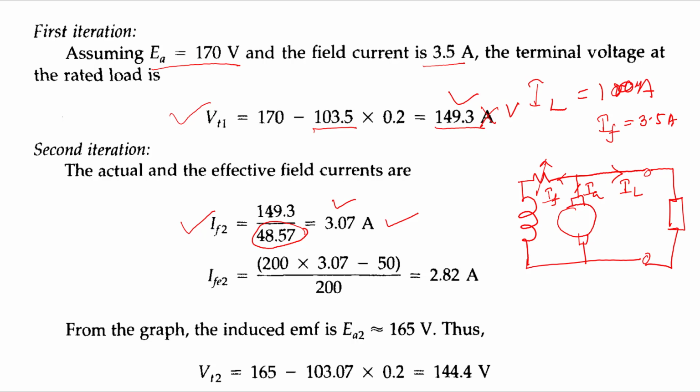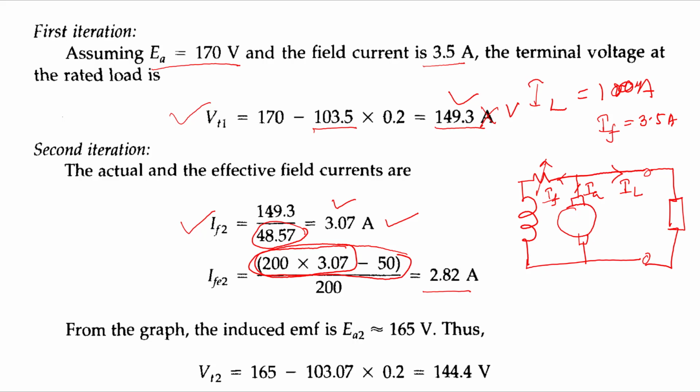By reducing the demagnetizing effect. So the net MMF will be 200 turns into 3.07, minus 50. That will give me the effective ampere turn in the field. And divided by 200 will give me the effective field current.